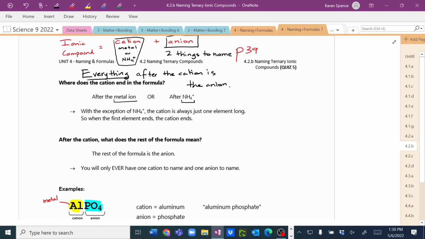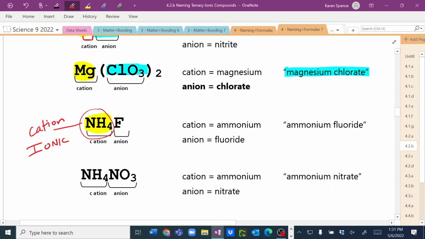And just because I want you to really remember to watch for NH4, even though this looks like, oh, it's all nonmetals, if you see NH4, you know that that is a cation, which means the compound is ionic. It's not covalent.